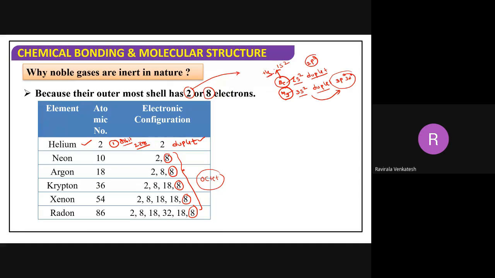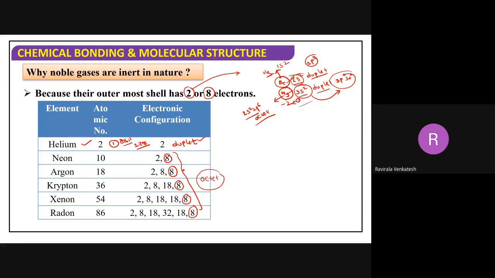So definitely it will attain the helium configuration. When magnesium loses 2 electrons, we get 2s2 2p6 configuration, octet configuration, right? So they get octet configuration.